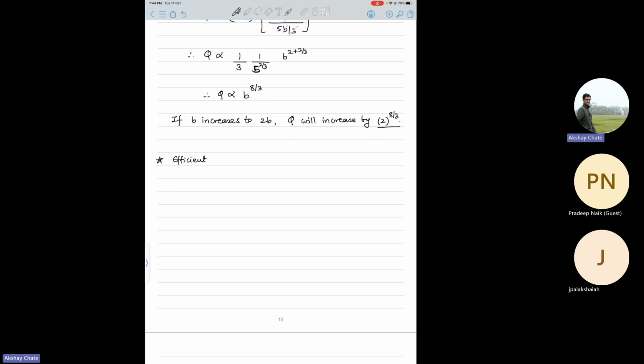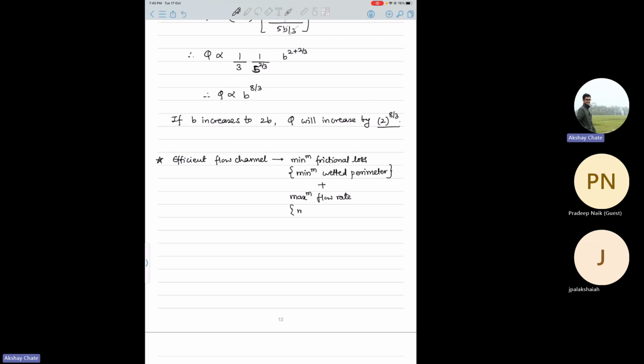Efficient flow channel. They define it as the channel which gives minimum frictional loss. For that you need minimum wetted perimeter plus maximum flow rate.